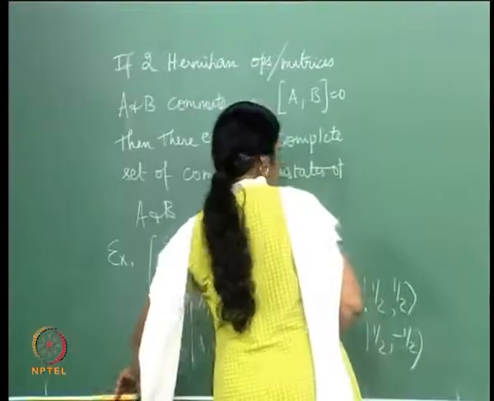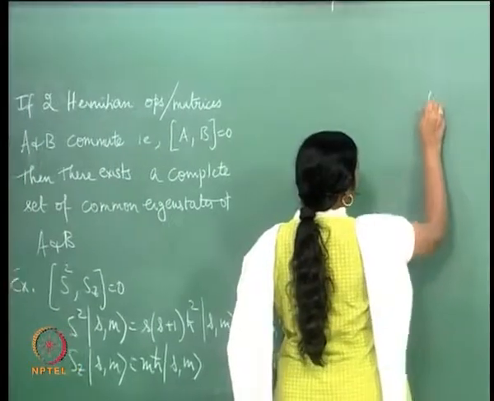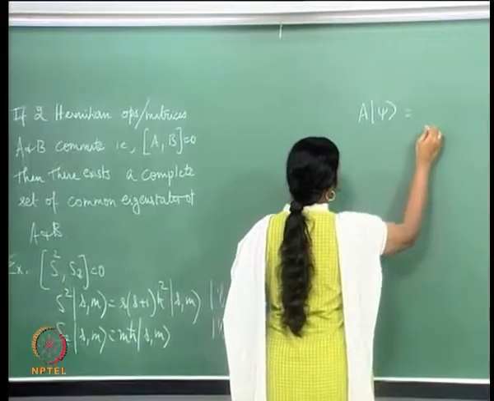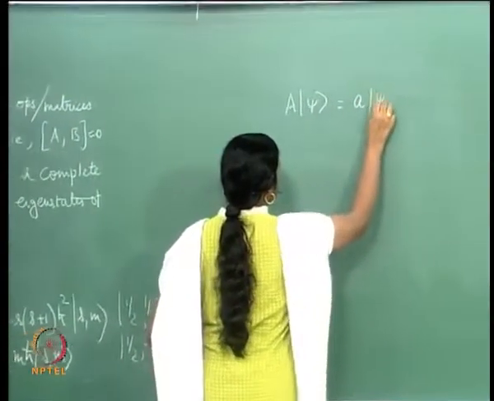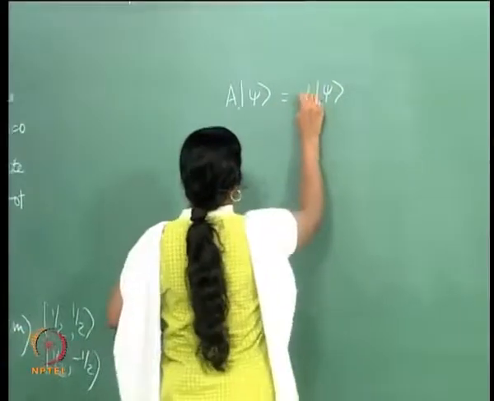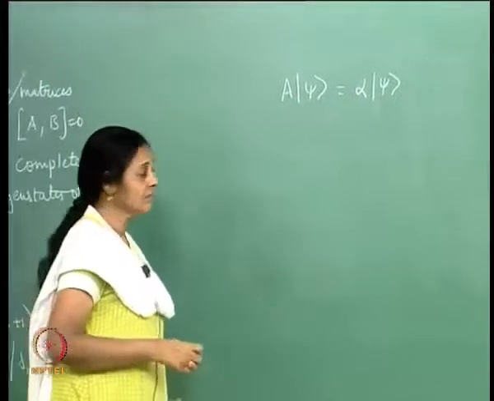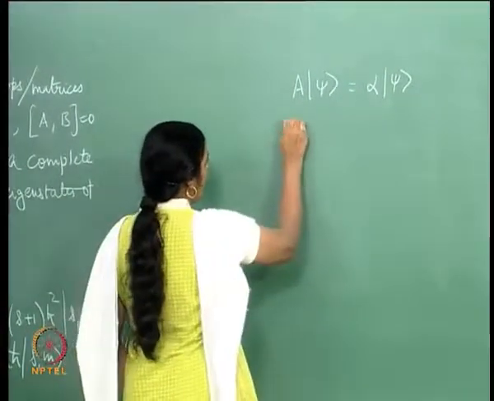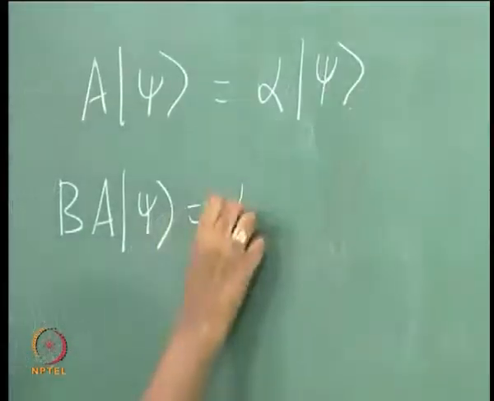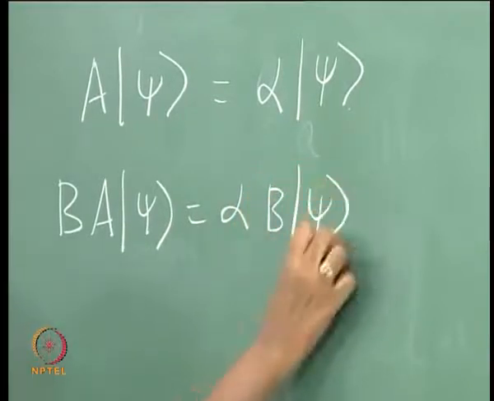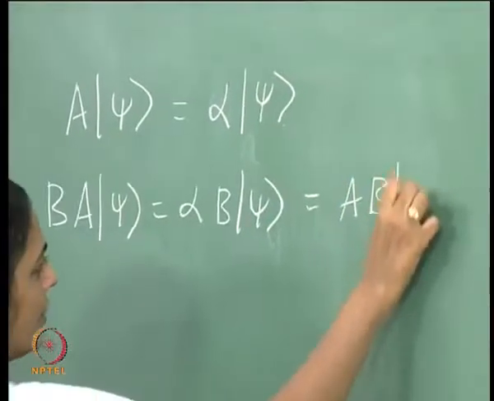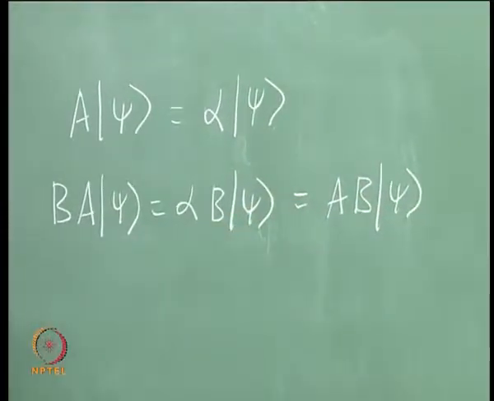We prove this as follows. Let psi be an eigenstate of A with eigenvalue alpha. Then B A psi is alpha B psi, but B A psi is also equal to A B psi, because A and B commute with each other.